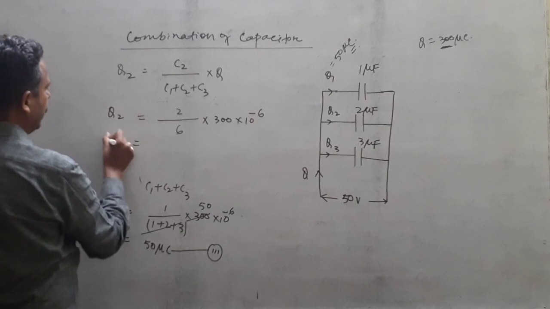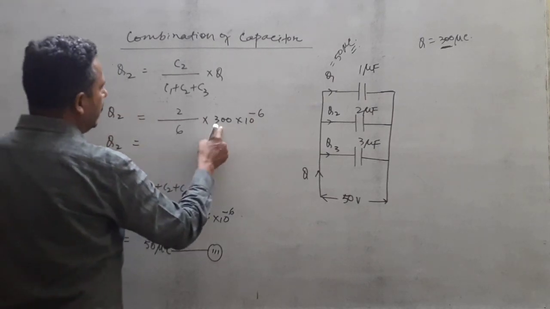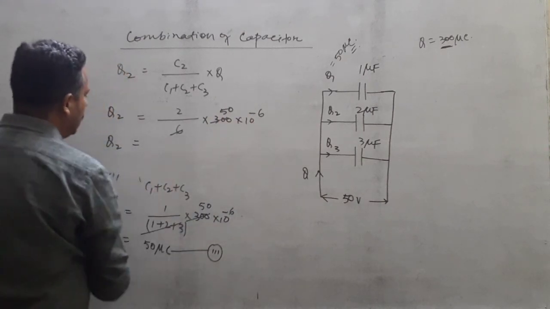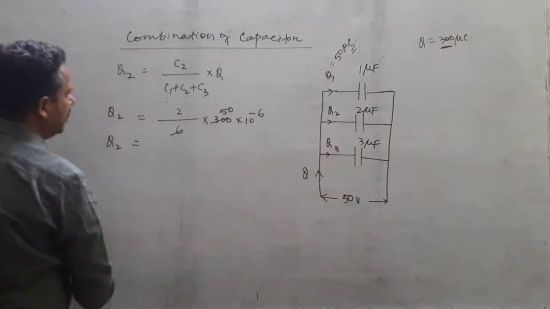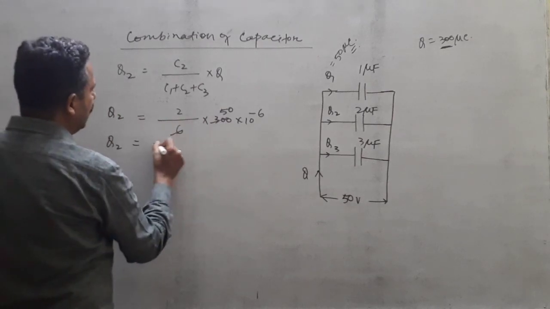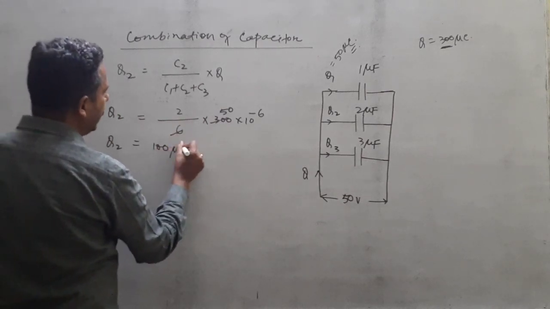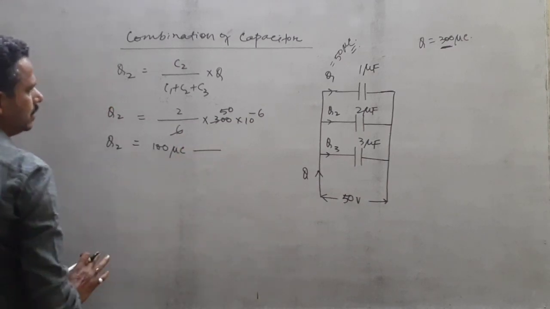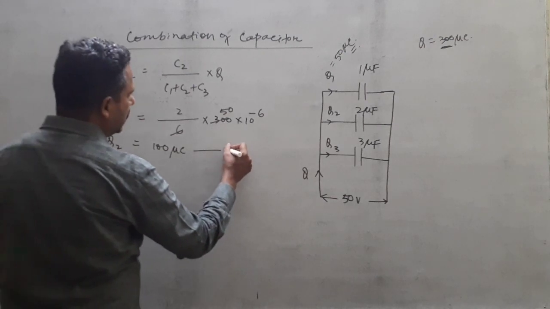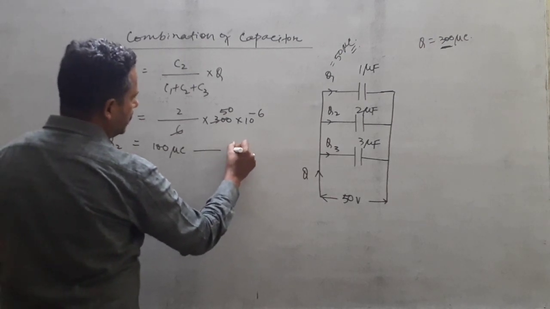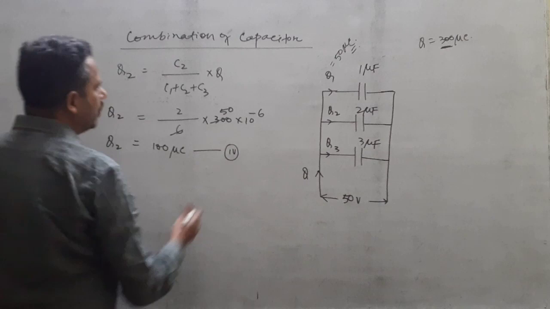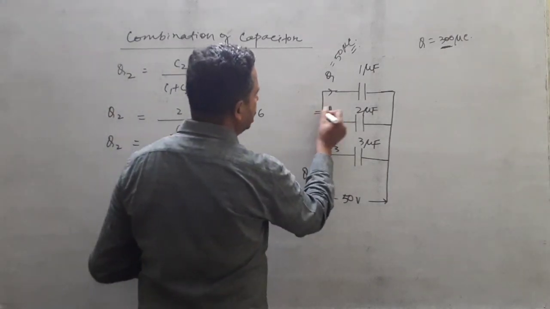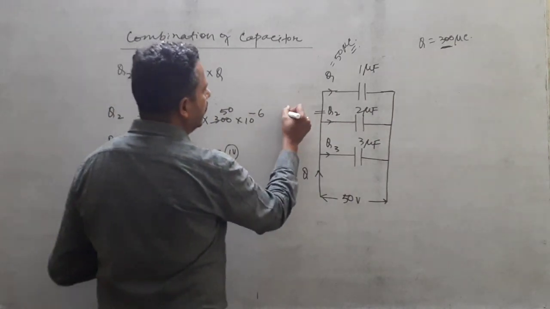Again 6 times 5 is 30, so after doing the calculation you will get 100 microcoulomb of charge. This might be equation 4; whatever your equation number is, just remember it. So this one is 100 microcoulomb.